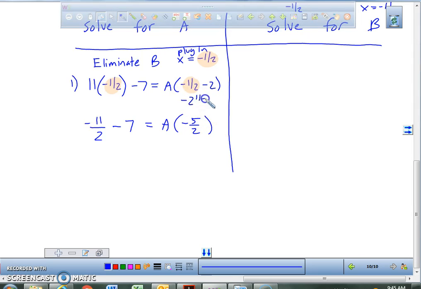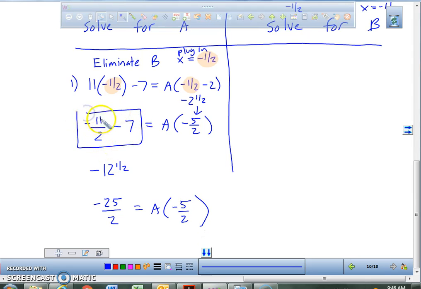If you combine these, this is negative 5.5, that's minus 7, that's negative 12.5, which is the same as negative 25 over 2, and that's equal to a times negative 5 over 2. So you guys have graphing calculators, so you can just type that in and it'll spit out negative 12.5. All I've done is change it into an improper fraction. Okay?